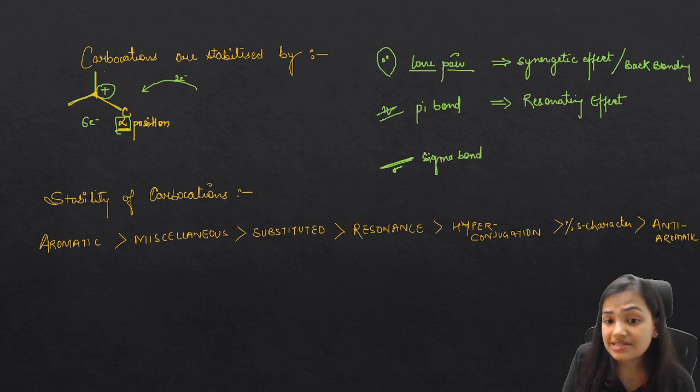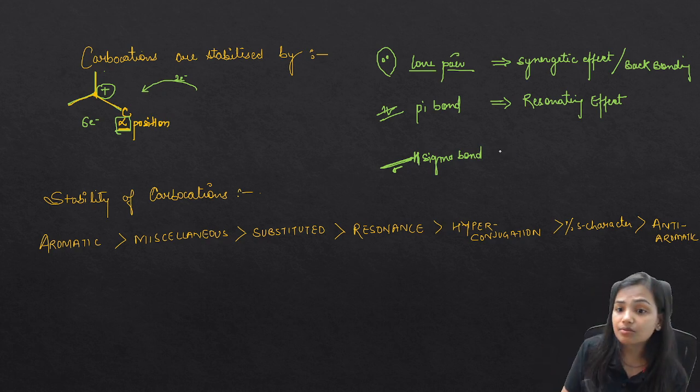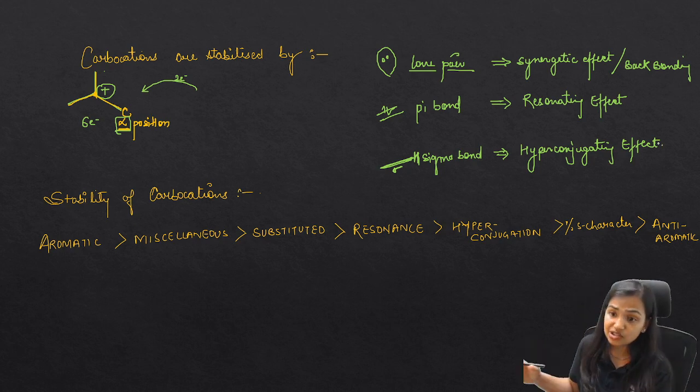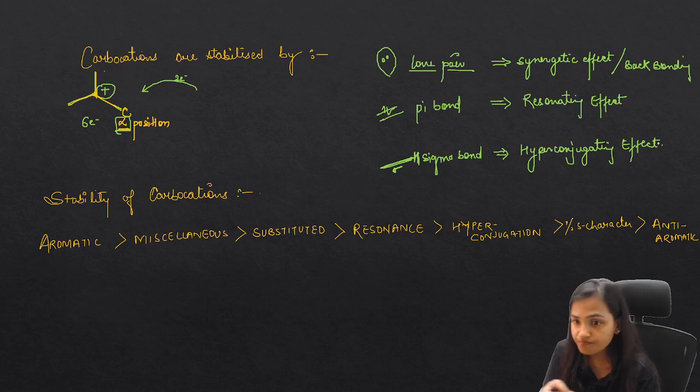If you have sigma bonded hydrogen, this will stabilize the carbocation by the effect known as the hyperconjugating effect. I will tell you everything, so don't worry about it. Please watch the lecture till the end, and everything will get covered. Hyperconjugating effect: the more the number of alpha hydrogens, the more the stability. Got it? This is the point which I want to make.